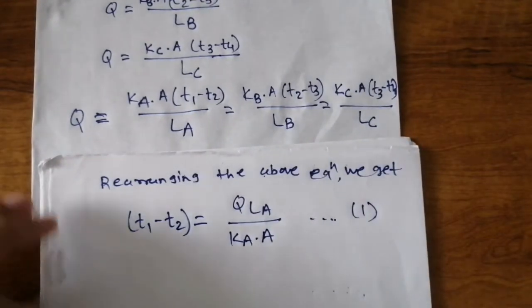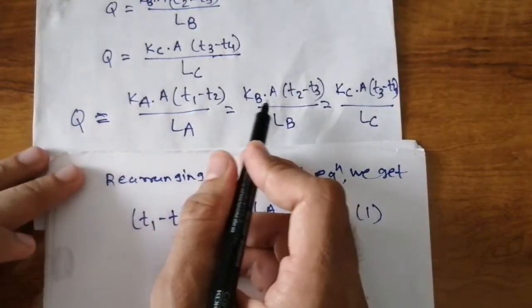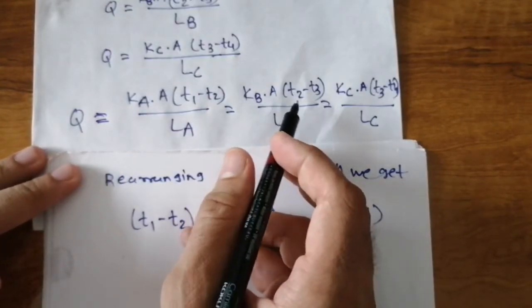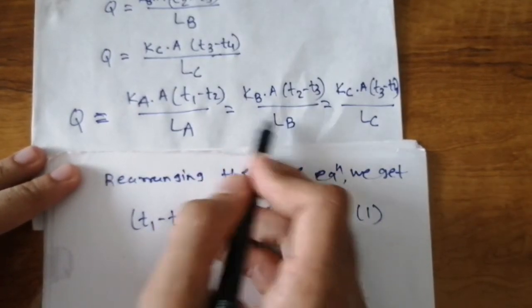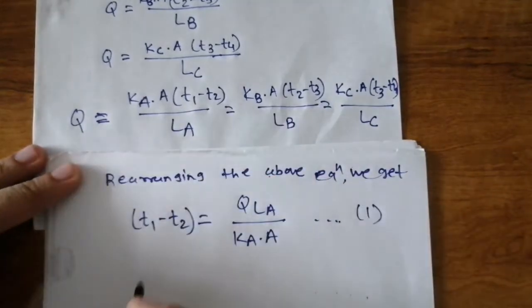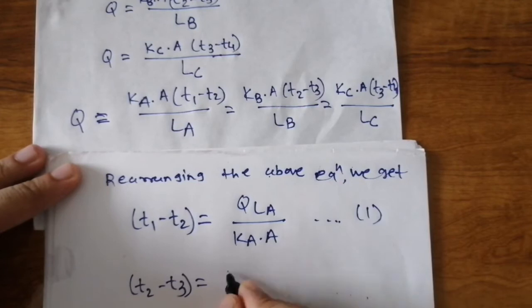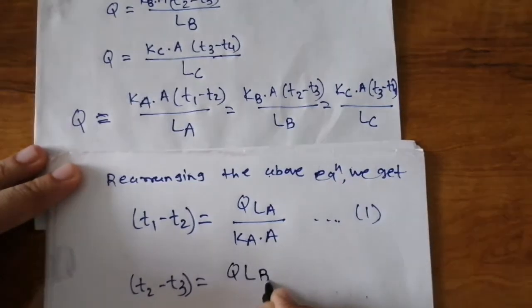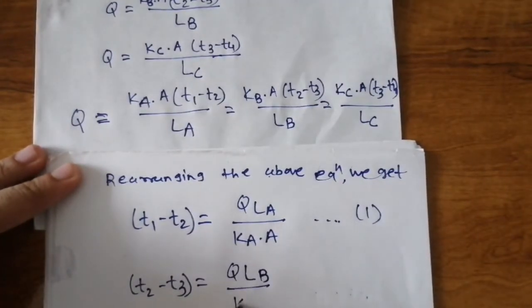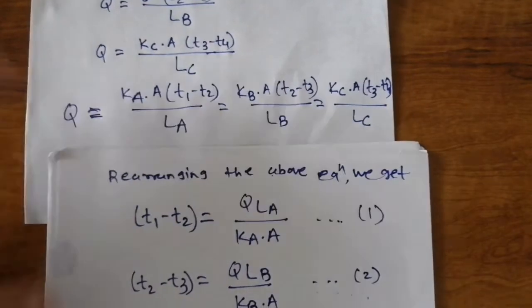Similarly, we rearrange the equation for layer B. We take T2 minus T3 on this side, so T2 minus T3 is equal to Q Lb divided by Kb into area. That is our equation number 2.